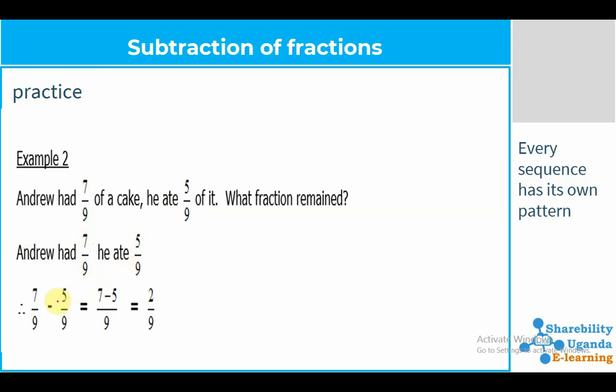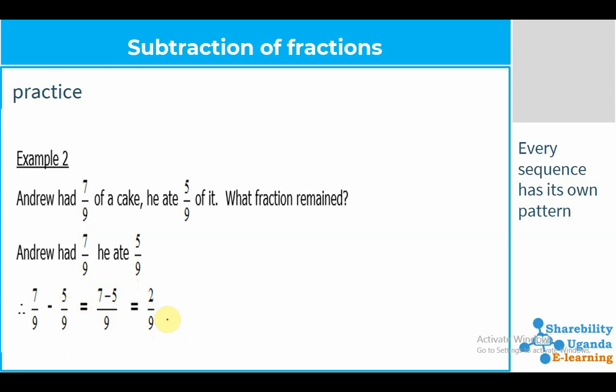So here we shall have 7 out of 9 minus 5 out of 9. Remember, these are the same denominators. We have a 9 and a 9, so we write our 9. Then we have 7 minus 5, so we come up with 2 out of 9.